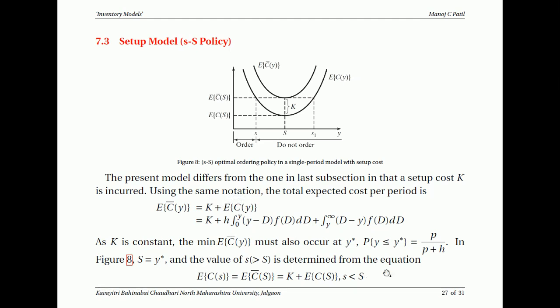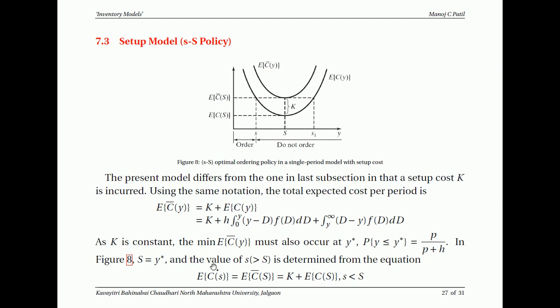So by solving this equation, the expected value of C of s is equal to K plus the expected value of C of S. Here we have to put capital S equal to y star.